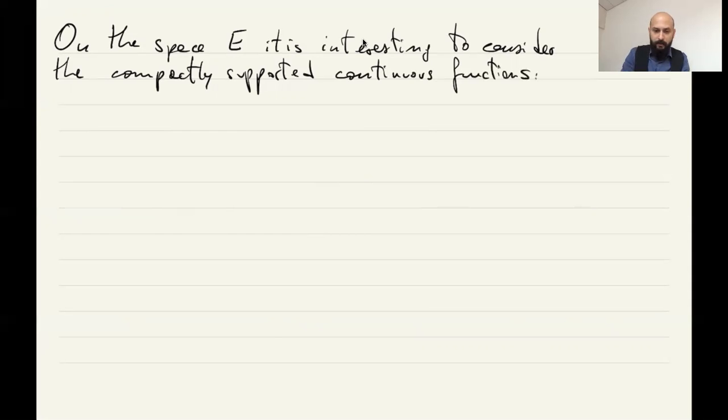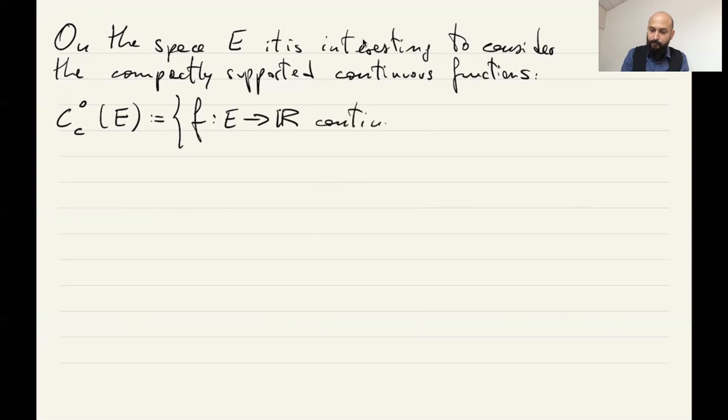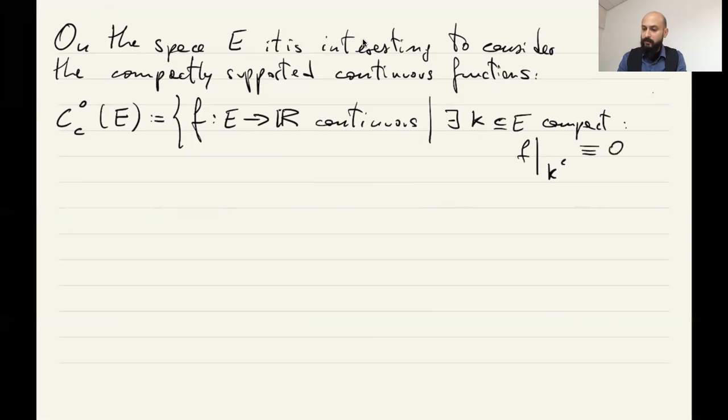Okay, so I recall you the symbol. With C0 on E, I will usually denote the continuous functions. If I put a C at the bottom, this is with compact support. So this is by definition all those continuous functions f such that there exists a compact set K, a subset of E, such that f restricted to the complement of this compact set is constantly equal to 0.